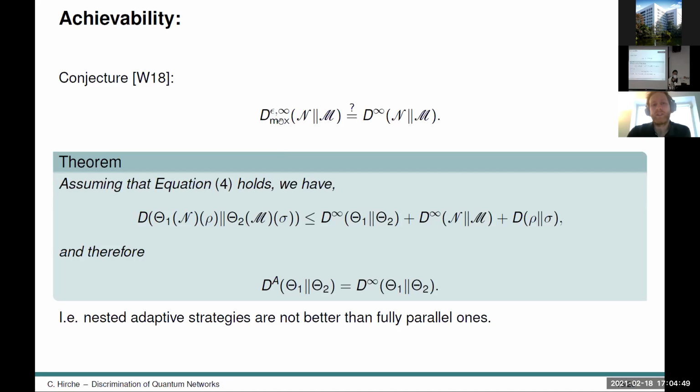Now, given that this conjecture by Andreas is true, I can actually prove that there exists a chain rule. And this chain rule allows us to take a superchannel acting on a channel acting on a state, with the parameters being different in both arguments, and take away step by step all the elements in the quantity on the left-hand side.